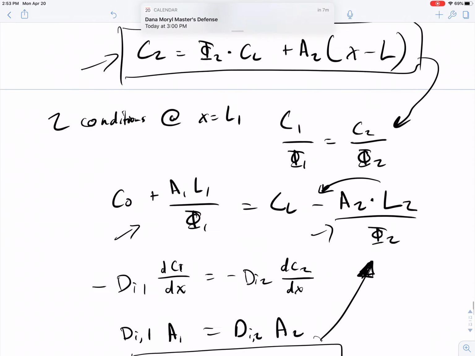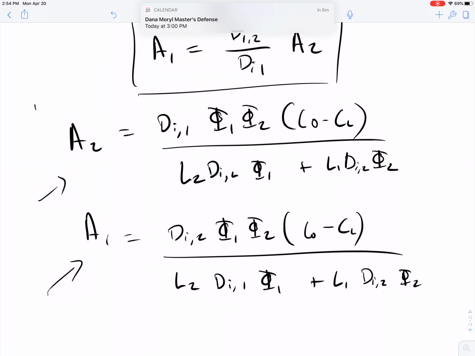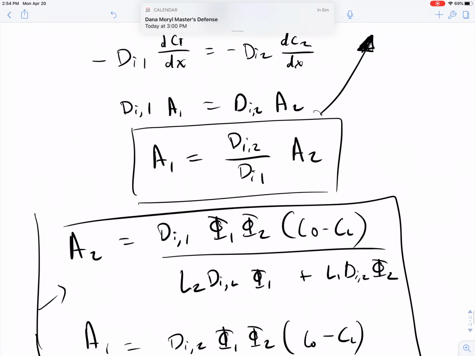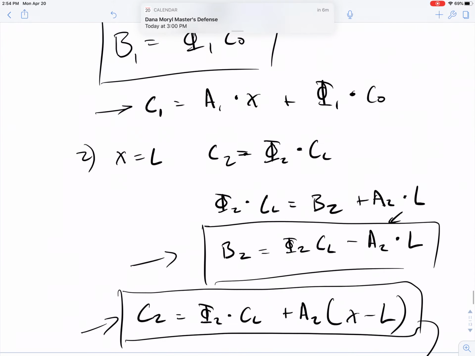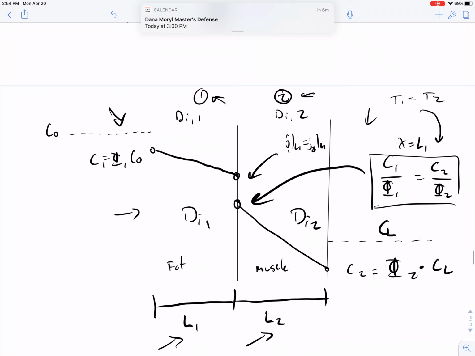It's a little cumbersome to write out, and that's not really the point of this exercise. The point of the exercise is reaching this point right here, which means that our problem is completely done. Now you've solved for the steady state concentration distribution that you can use for calculations for a system of two materials, for instance fat and muscle, that are in series with one another by using the internal boundary conditions as well as the boundary conditions at the edge.